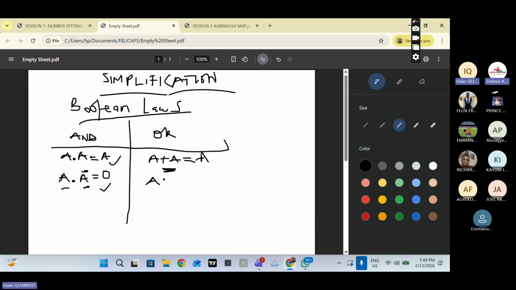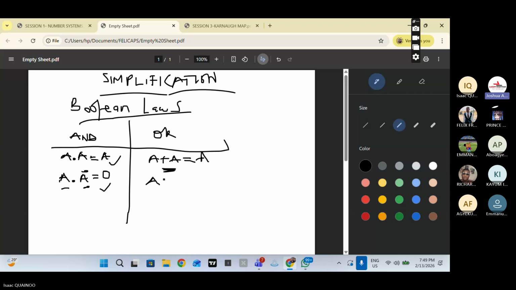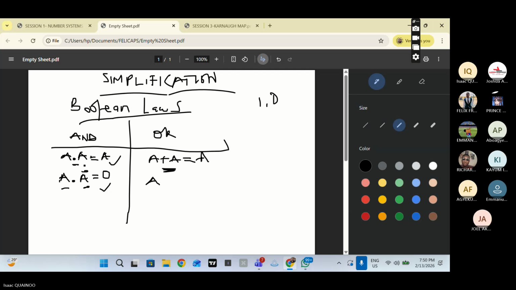A dot A bar is equal to 0, the A is 1 and the A bar is 0. So can we say that A dot A is equal to 1?